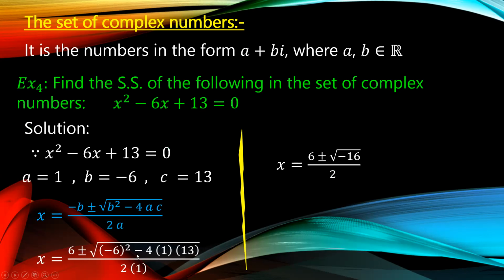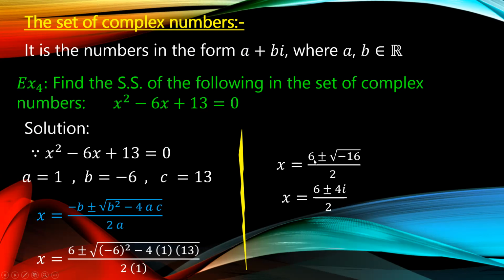Then x will have 2 roots: x equals 6 plus or minus the square root of negative 16, over 2. The square root of negative 16, I can write as negative 1 times 16. The square root of 16 equals 4, and the square root of negative 1 equals i.